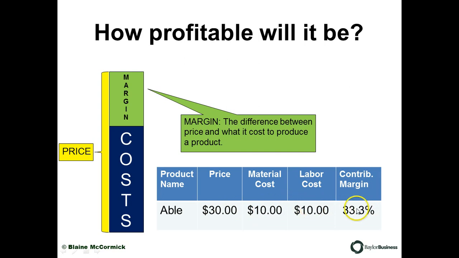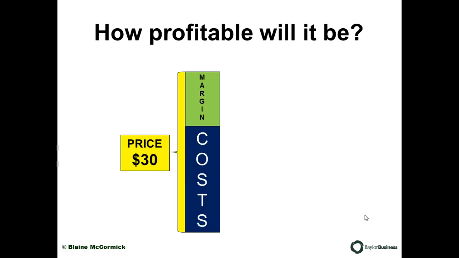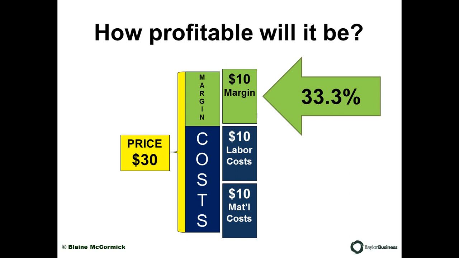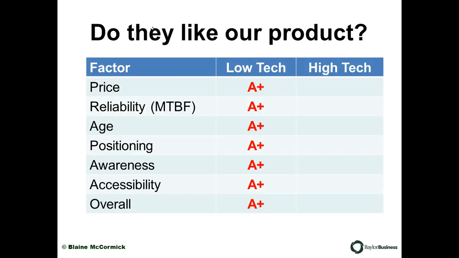You could see that your contribution margin, what's left over after your cost, would be 1/3 or 33.3%. Or to graph it out a different way, if you had a $30 price, $10 in material cost and $10 in labor cost, you'd have a $10 margin, or 33.3% margin, which is a decent margin, but you can get better than that. And your margin kind of determines your baseline for profitability for the firm in many ways.